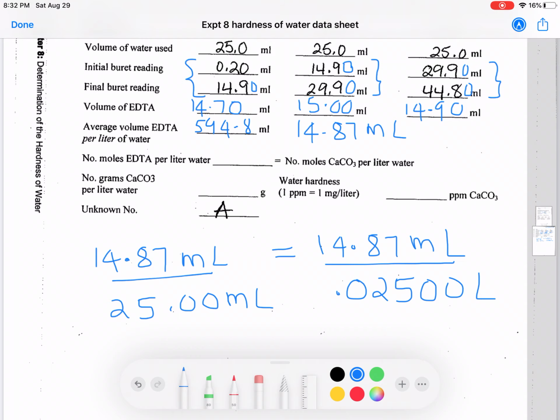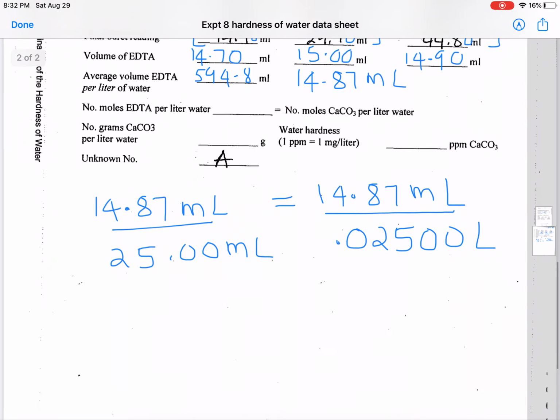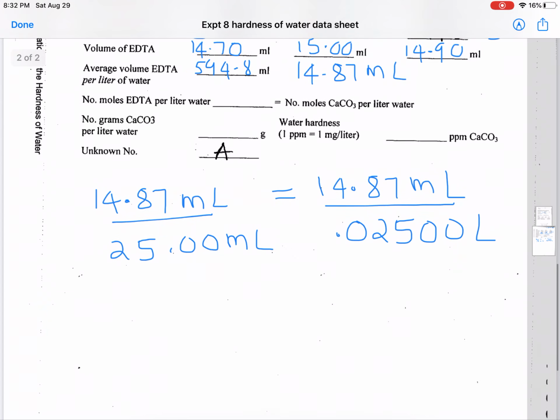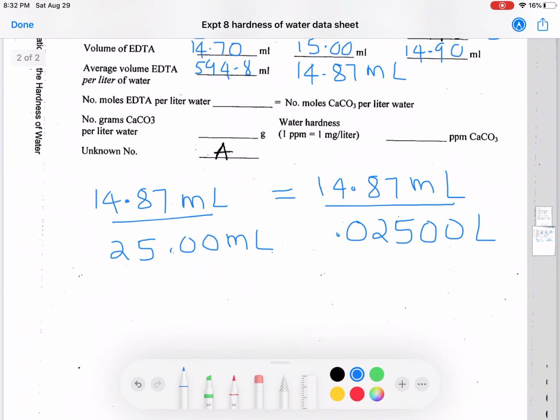Now with that amount, we can find the number of moles of EDTA per liter. For that we need the molarity of EDTA, which is 0.0113. So moles is going to be molarity times the volume.